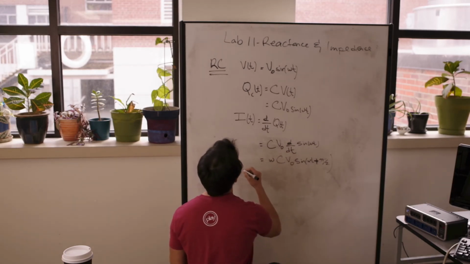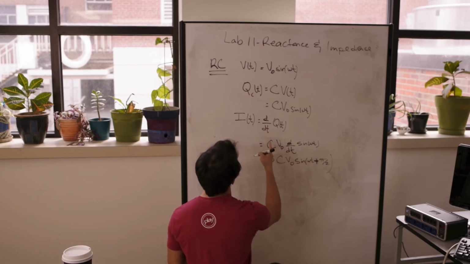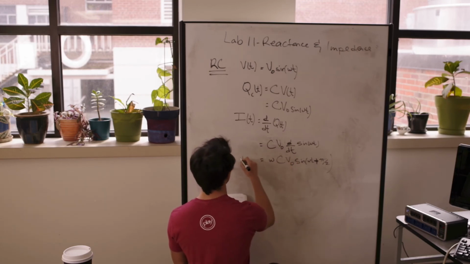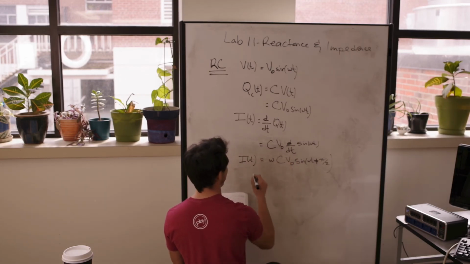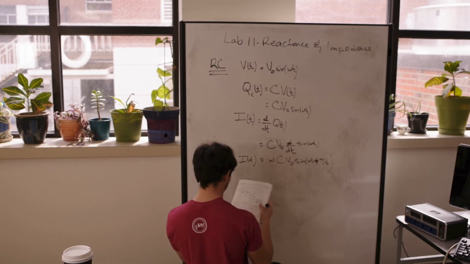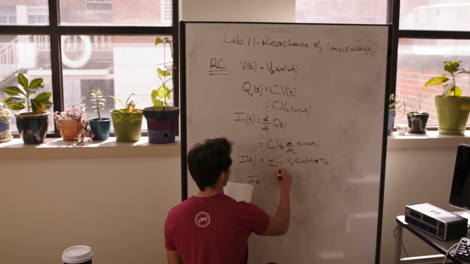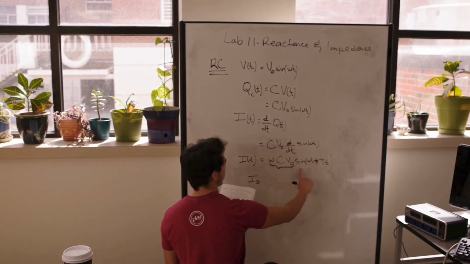So this is I as a function of time. That means that I0, or the amplitude, is given by the amplitude on the sine term.